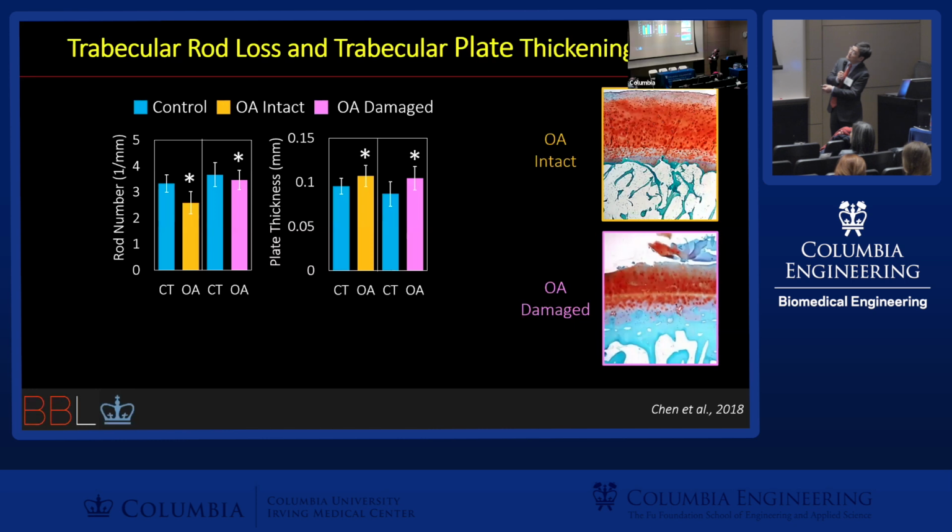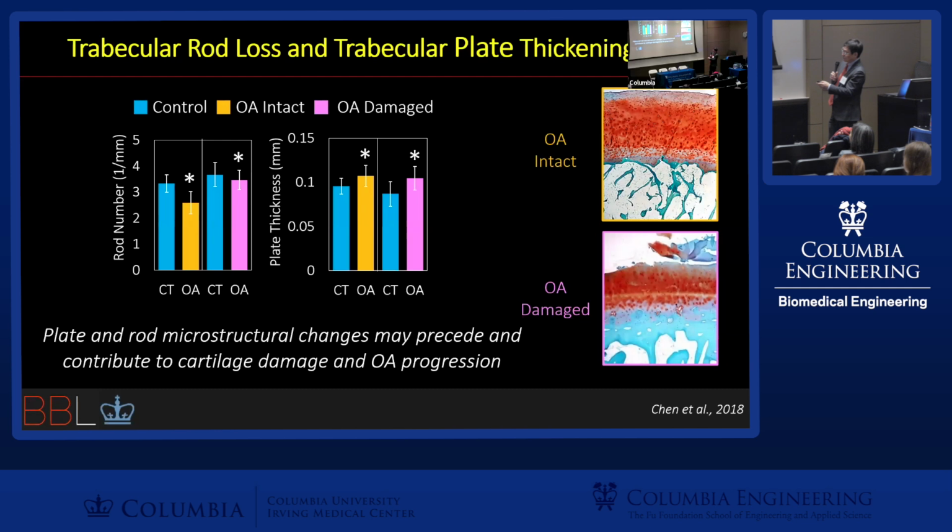You can see in the intact region here, they really have lots of rods, and plate thickness begins to increase. Because once you separate into plates and rods, that's where the difference shows up, right? So the plate and rod structure changing may be preceding the damage and also progression.